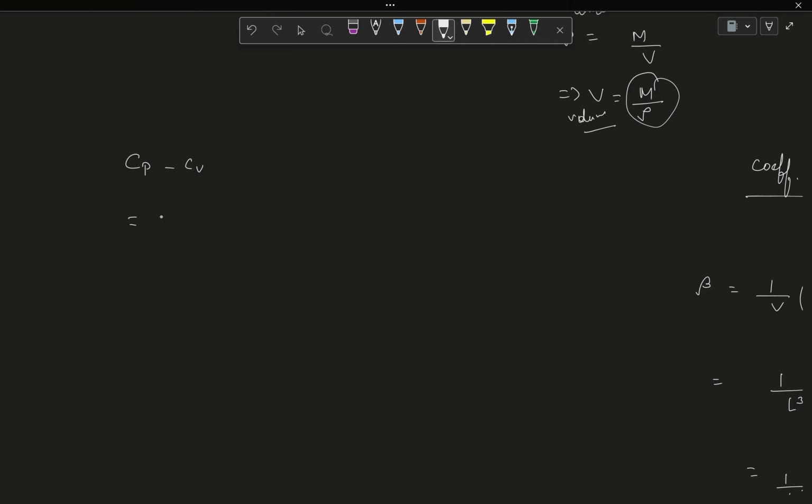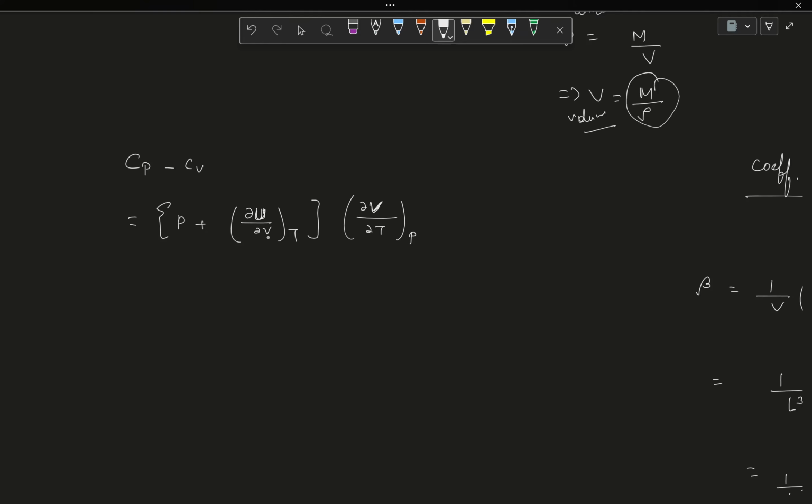So I will not be calculating it explicitly, just find out this relation, or you can try by yourself, and if you do not get the direct relation, then you can tell me and I can show you in the next class. But Cp minus Cv is generally P plus del U del V at T constant, then del V del T at P constant. Remember, this is V and this is U.